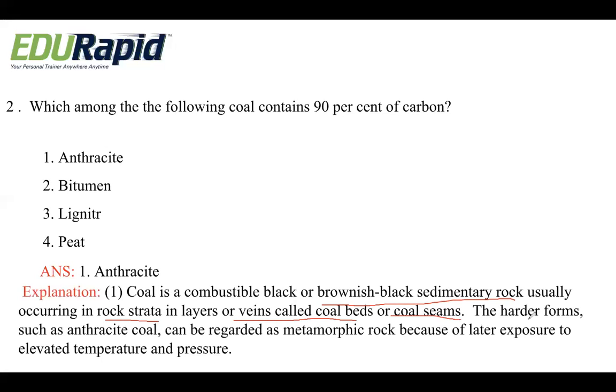The harder forms of coal, anthracite coal, can be regarded as a metamorphic rock because of later exposure to elevated temperature and pressure. So anthracite is a form of coal which consists of about 90% of carbon.